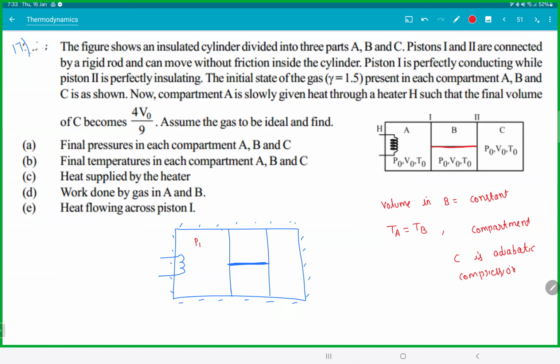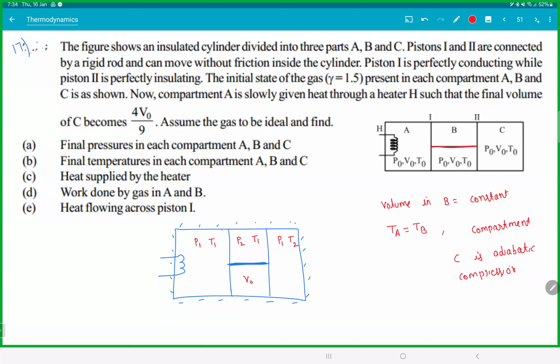Let this be P1. This also will be P1, agreed? Compartments 1 and 3 will have the same pressure, or else the piston will move. This pressure will be different, P2. Let this temperature be T1. This will be T1. This will be T2. Have a look at this. The temperature of 1 and 2 is the same. The pressure of 1 and 3 is the same.